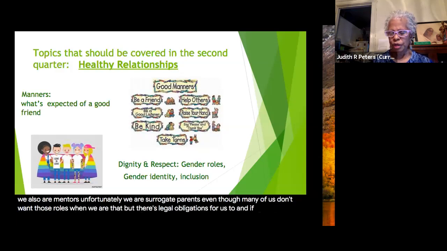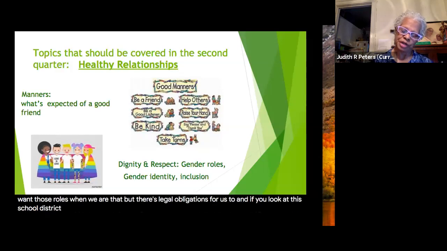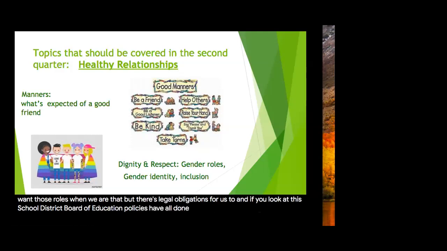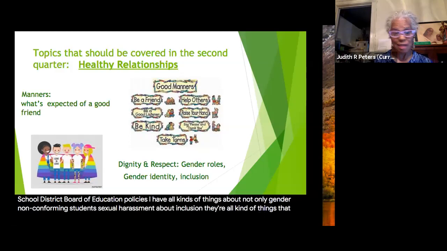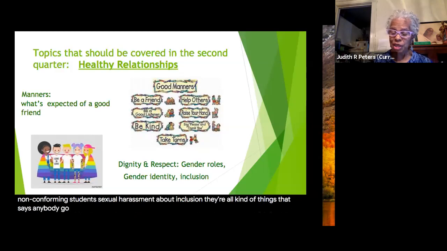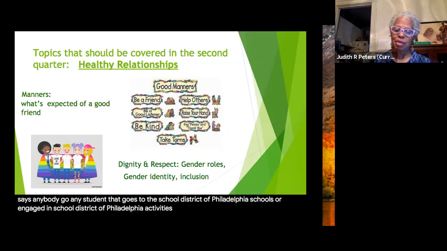And if you look at the school Board of Education's policies, you have all kinds of things about not only gender and non-conforming students, sexual harassment, about inclusion. There are all kinds of things that says any student that goes to the school district of Philadelphia schools or engages in school district of Philadelphia activities are protected and must be welcomed to those activities.